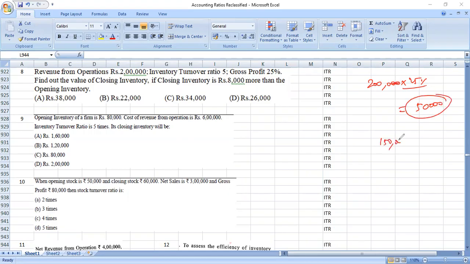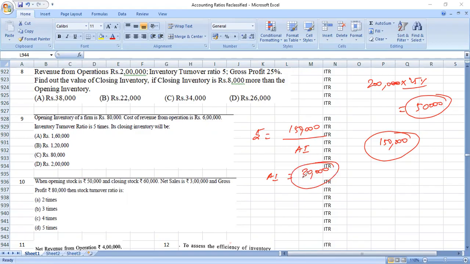So 1,50,000 is the cost of revenue from operation. Why did I find out cost of revenue from operation? Because inventory turnover ratio is equal to cost of revenue from operation divided by average inventory. So average inventory is equal to 1,50,000 divided by 5, which is 30,000.